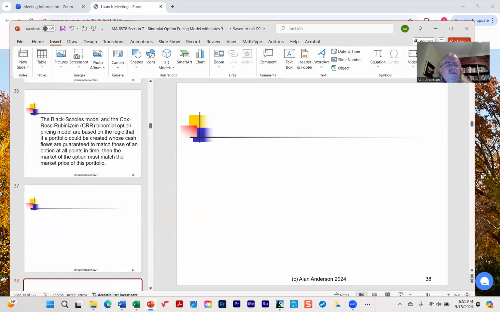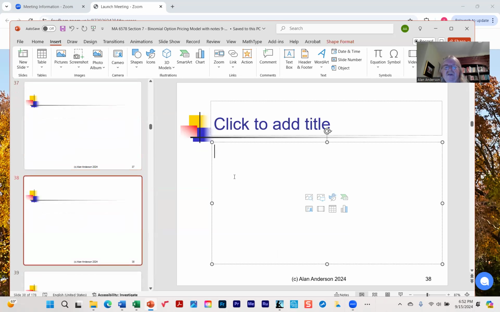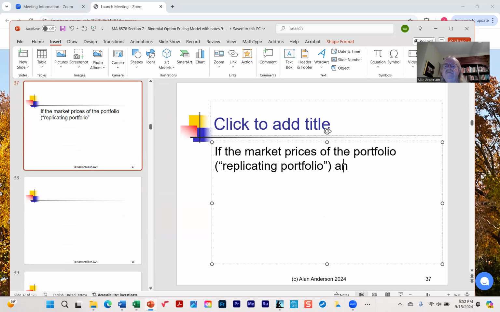And so if not, if the market prices of the portfolio, which we will, by the way, call the replicating portfolio, and the option differ, then arbitrage opportunities arise.